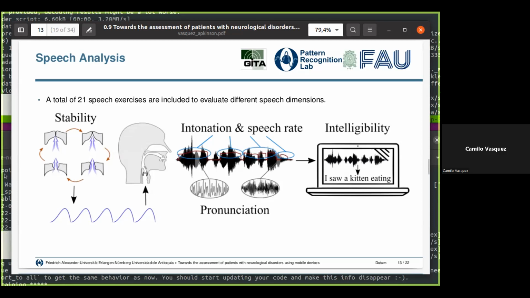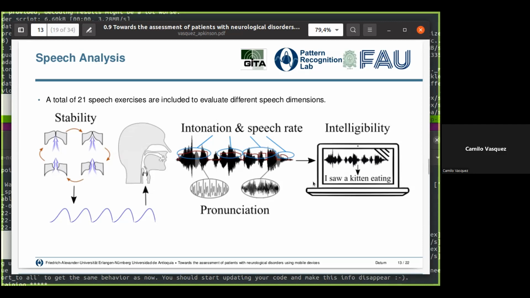The first one is the stability, which aims to model the stability of the vocal fold vibration when uttering sustained vowels, how stable the pitch and the loudness are when patients pronounce sustained vowel phonations. We have a prosody analysis based on intonation and speech rate, which are analyzed in the read sentences.